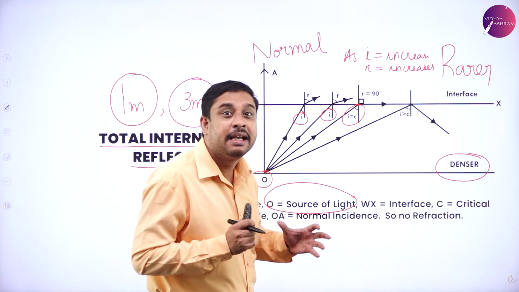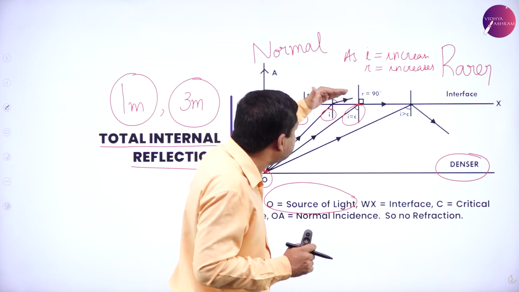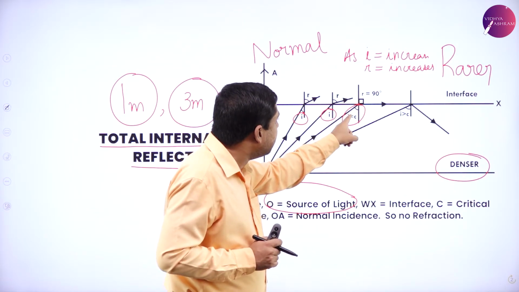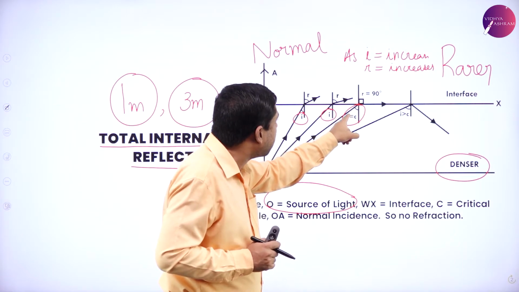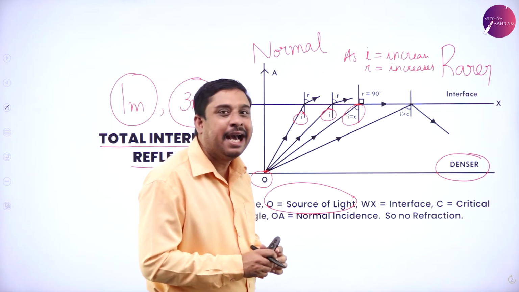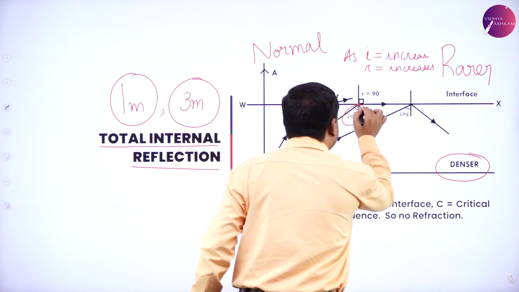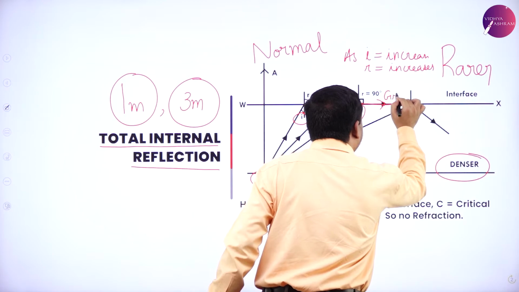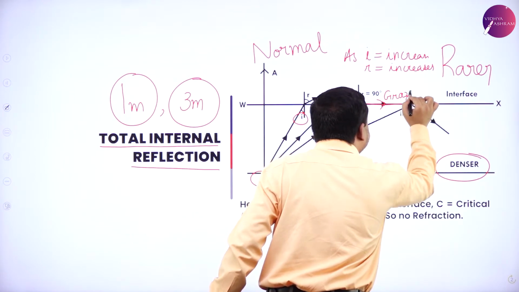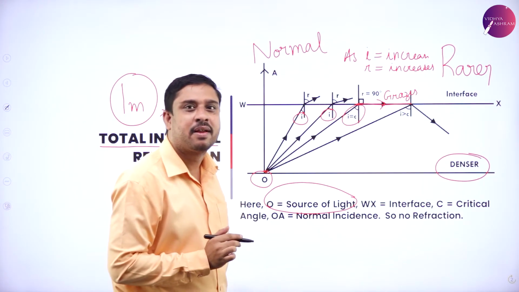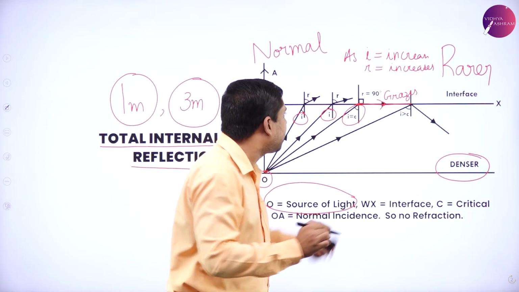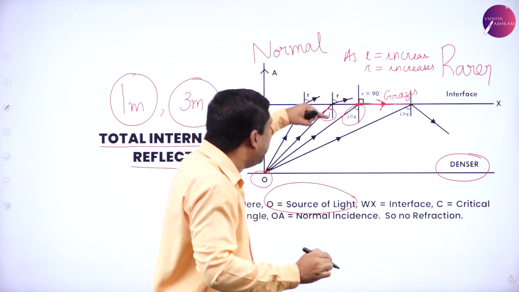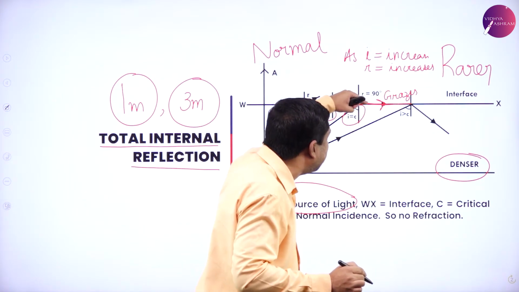This I, which is more than the previous, bending is even more. Now, for a particular angle of incidence, the refracted ray grazes the interface. The refracted ray, if you observe here, will graze the interface.